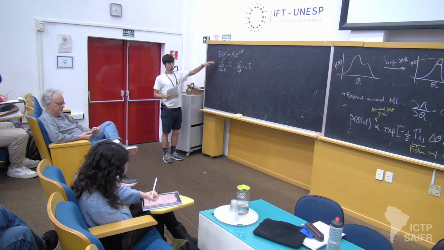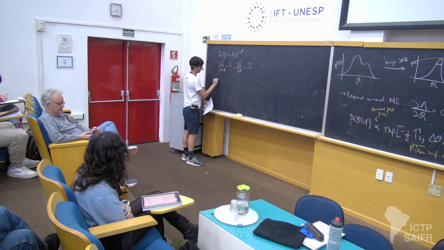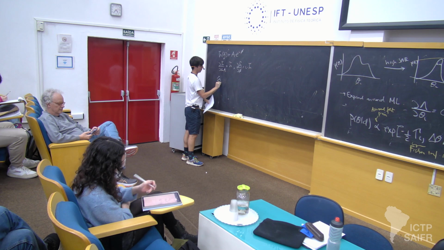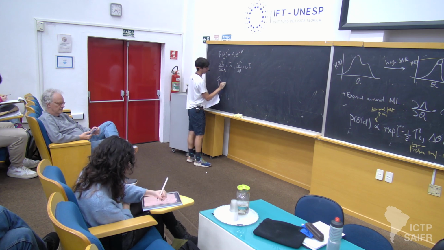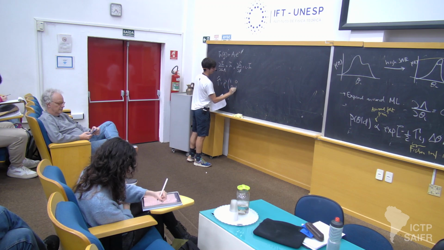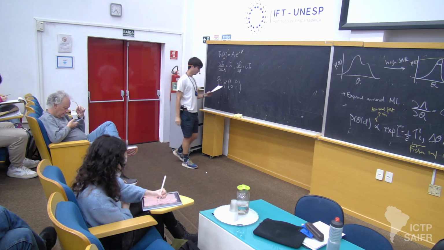So taking that into account, you can realize that the Fisher matrix for this model is diagonal and is proportional to the signal-to-noise ratio squared.